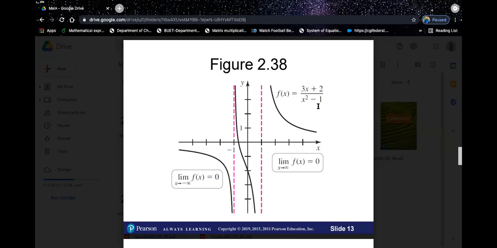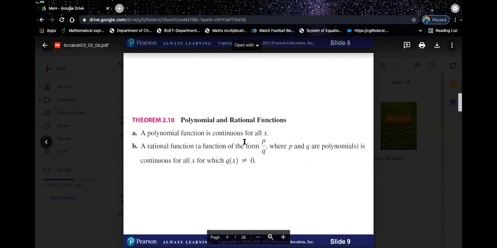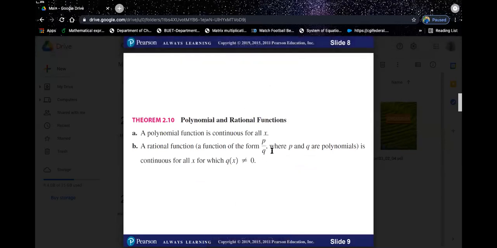It will be true for any rational function where both p and q are polynomials. If the denominator is not 0, obviously, for some values, when you are working with a fraction, definitely for some values, I shouldn't say definitely.